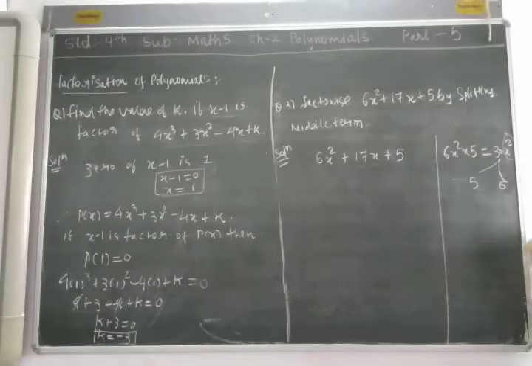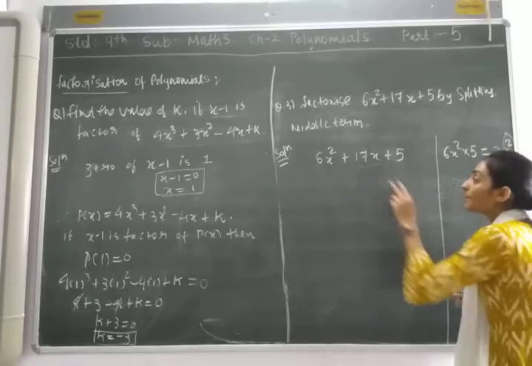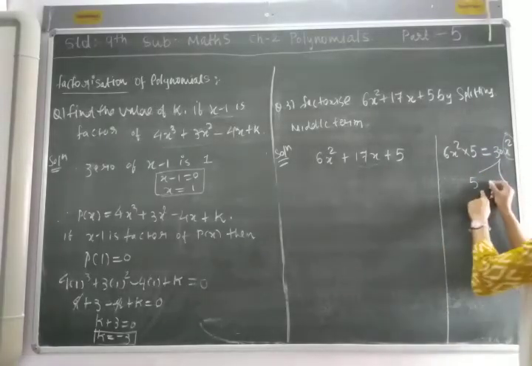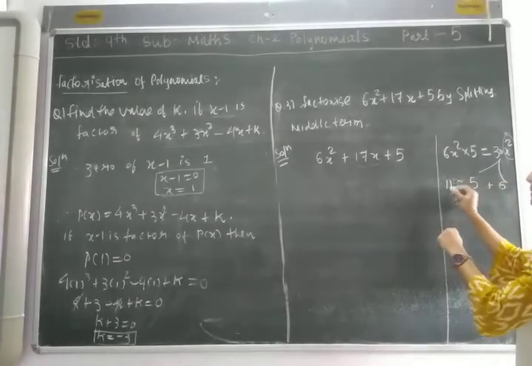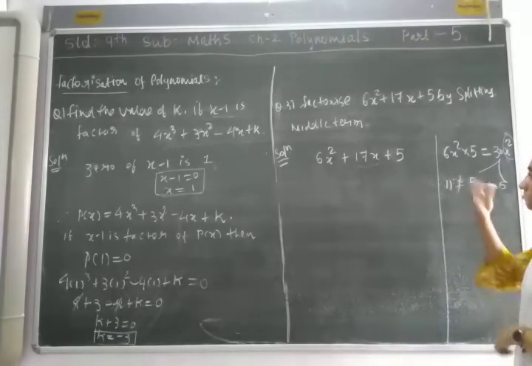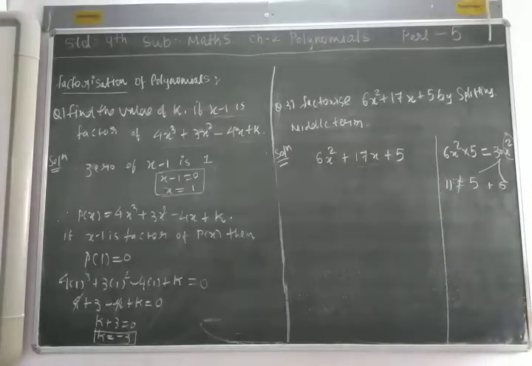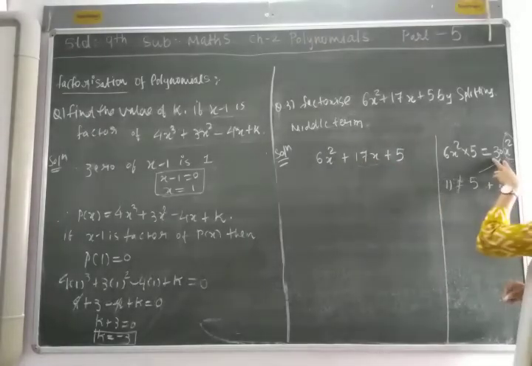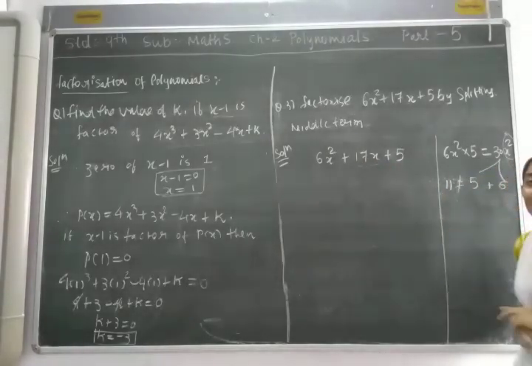But we have to take such factors whose sum is equal to my middle term. If I sum this one, I am getting 11, which is not equal to 17. We want such factors of 30 whose sum is equal to 17.